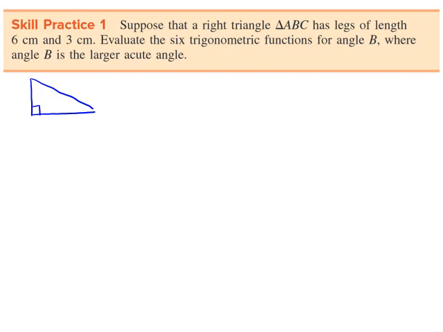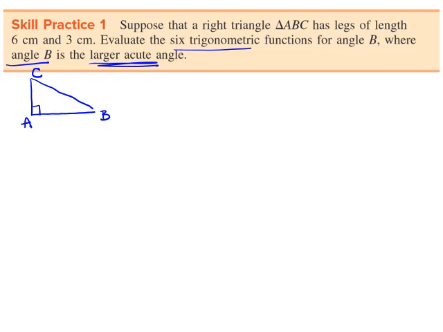So when we read on, we want to evaluate the 6 trig functions for angle B, where angle B is the larger of the acute angles. Okay, so let's say this is A, B, and C. Now angle B is supposed to be the larger of the acute angles.